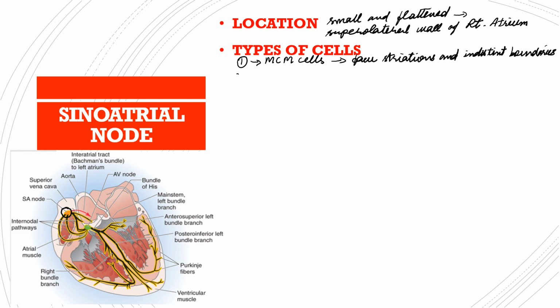The second type of cells that are present in the SA node are P cells, that are called pacemaker cells. These are round cells with few cell organelles, and these cells are connected with each other through gap junctions.